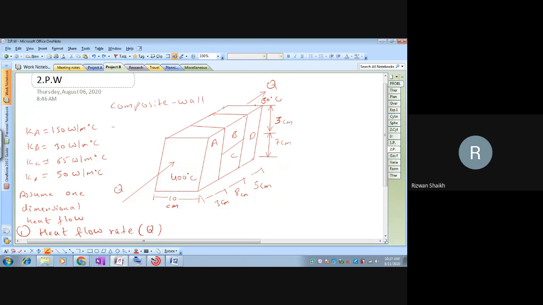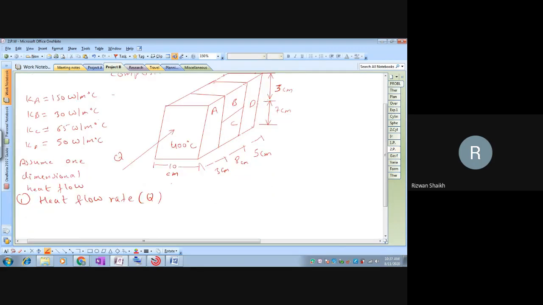Now, how to solve this? First, we have to find the resistance. I can draw the diagram of an equivalent resistance as only one. I can consider two temperatures, T1 to be 400 and T2 to be 60 degrees Celsius.